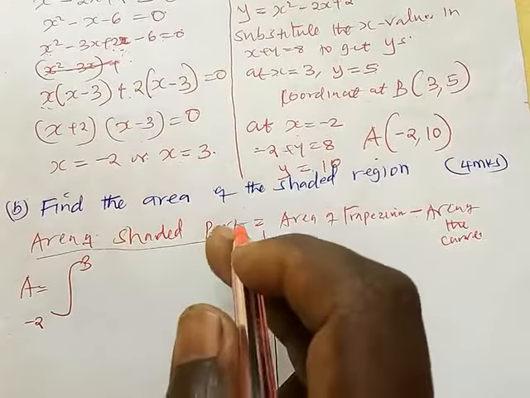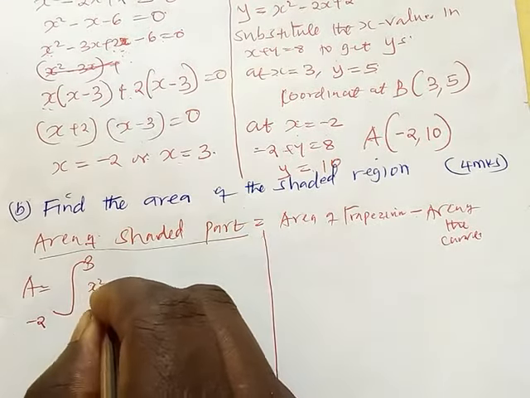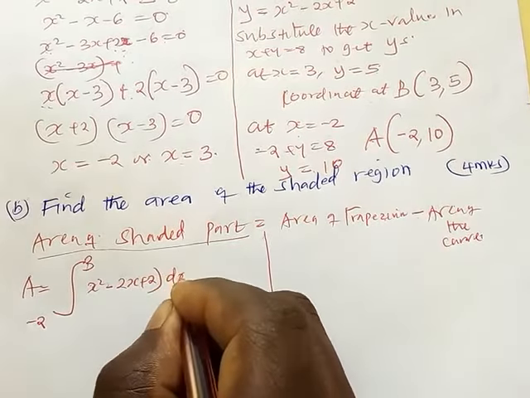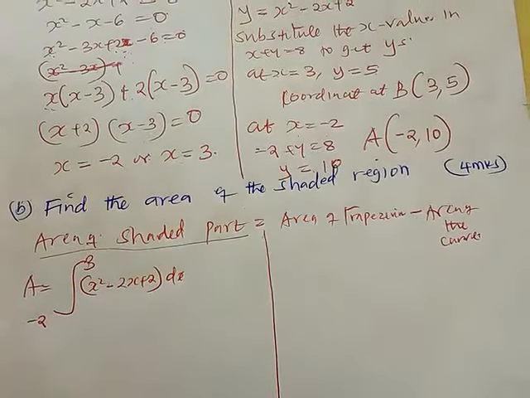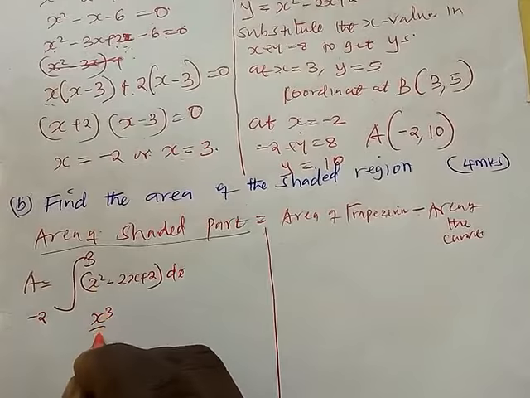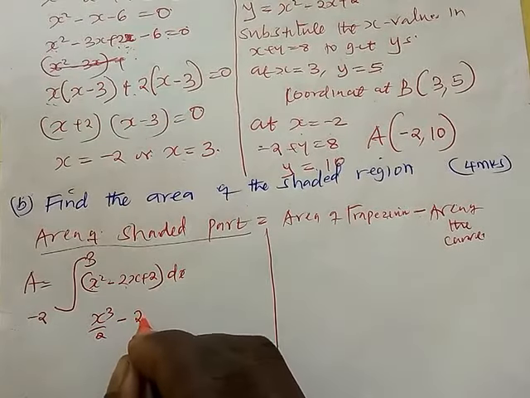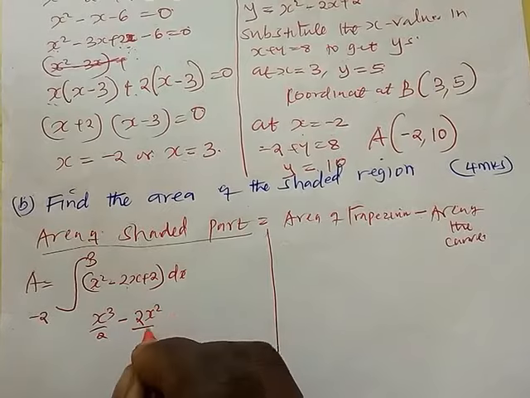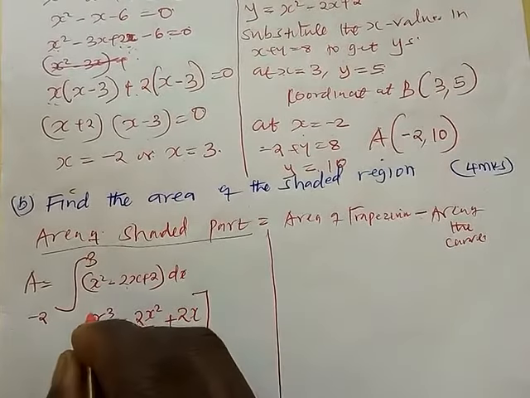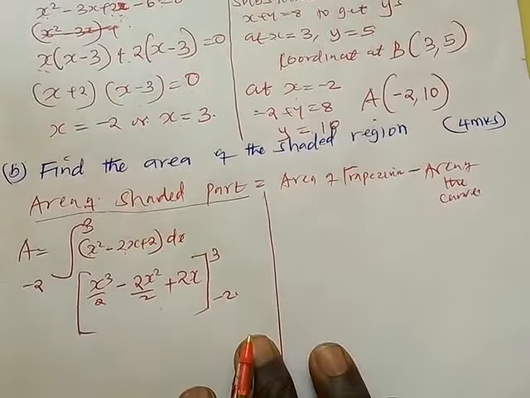We are integrating the function of the curve, that is x squared minus 2x plus 2 dx. So we know how to integrate. This one is going to be x cubed over 3, minus 2x squared over 2, plus 2x, and we are going to integrate this in the limits 3 to -2, right?